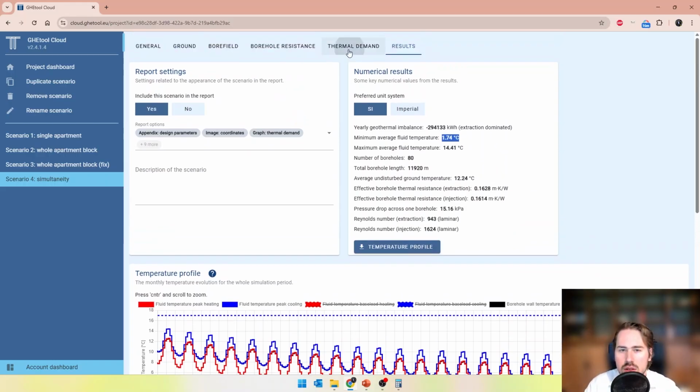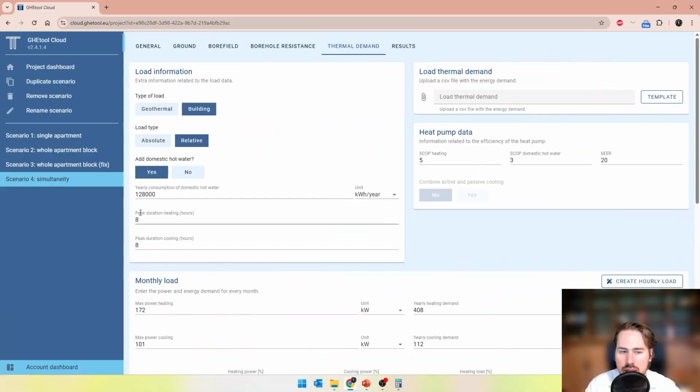But as you see, we kept the peak duration the same. So saying, okay, a single apartment, when the heat pumps work at the maximum power, works for 8 hours straight at that maximum power, which is an assumption we need to make when working with this type of monthly load profiles.